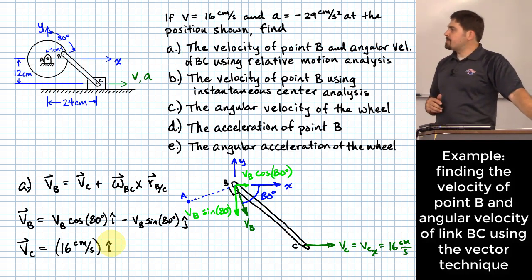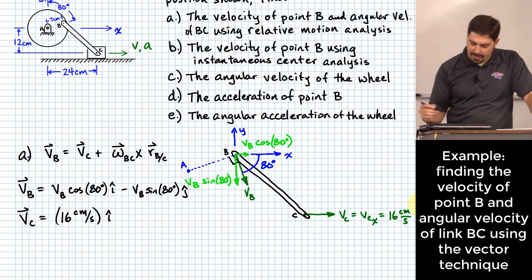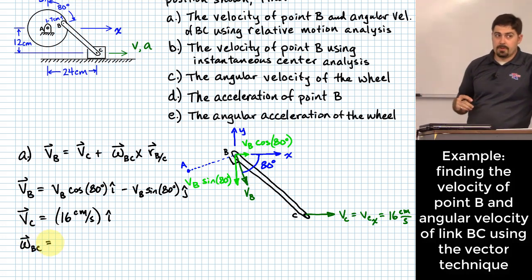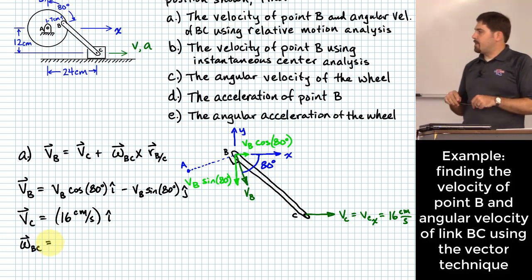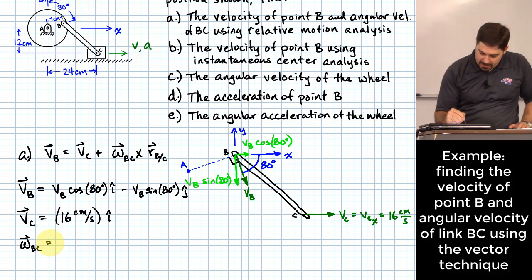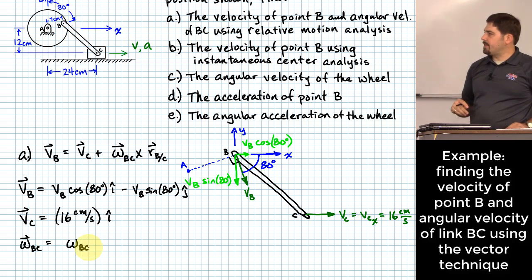Next, omega BC. Okay, this one is just a smidge tricky, but it's not that bad. Omega BC is not something that we know yet. We don't actually know what the magnitude is of omega BC. But let's just say here that we express its magnitude as just omega BC. How do I think of that as a vector? Okay?